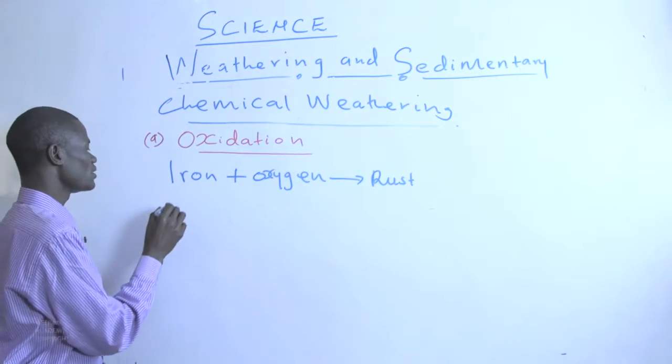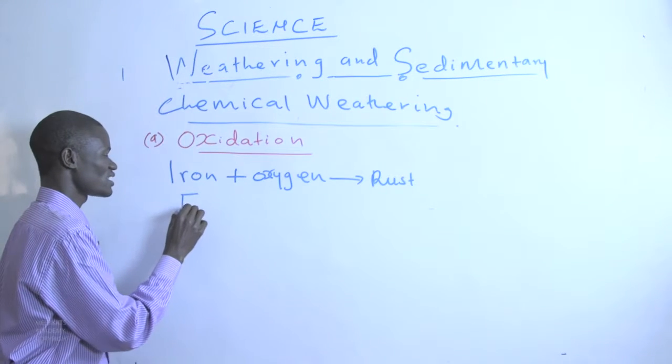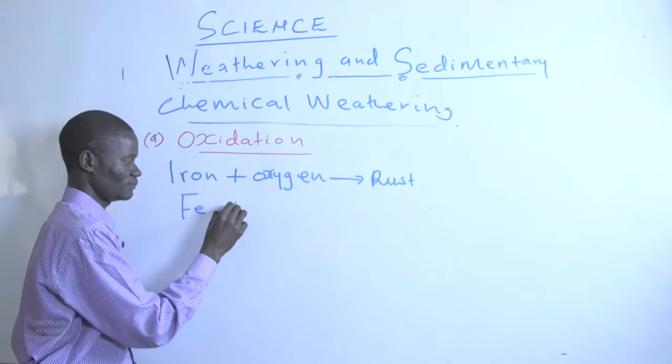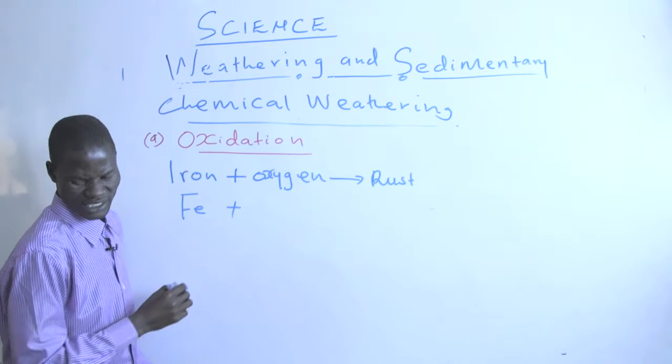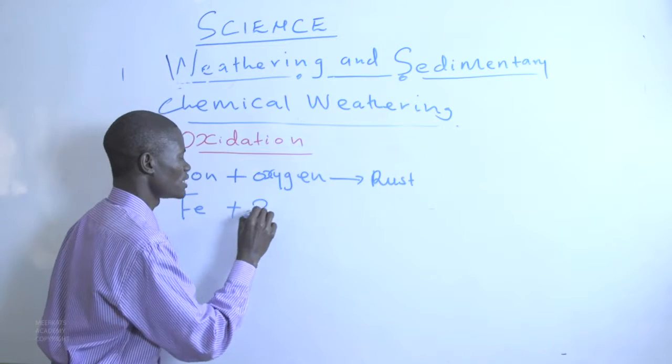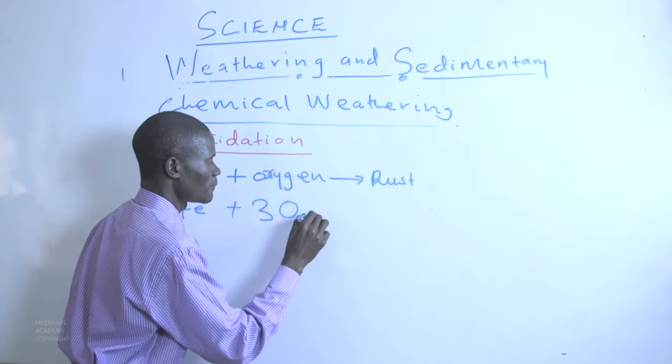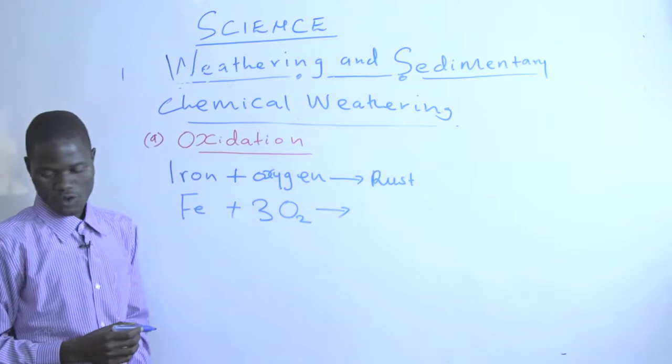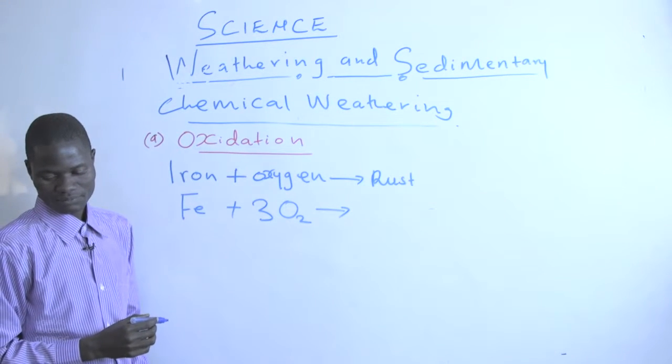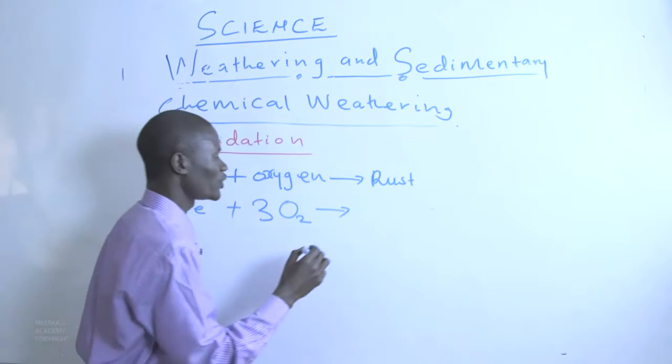Chemically, we will look at iron reacting with oxygen to form what we call iron oxide.